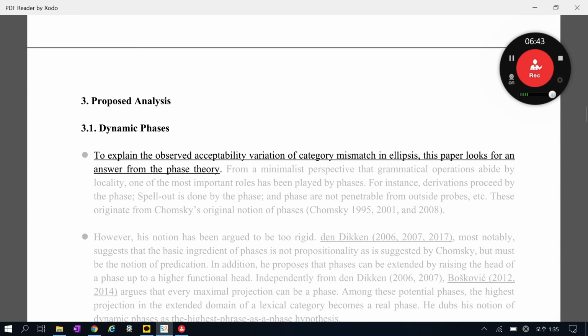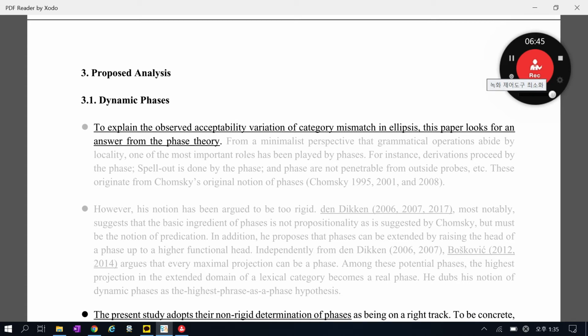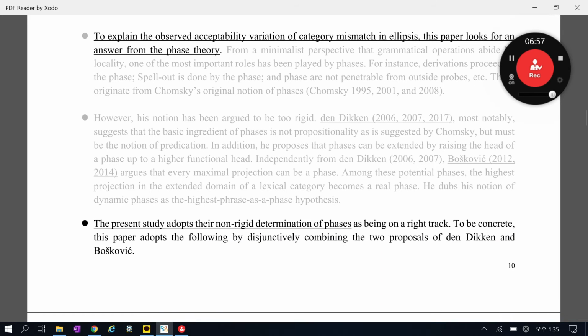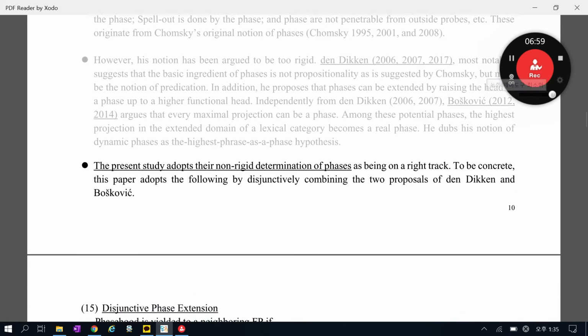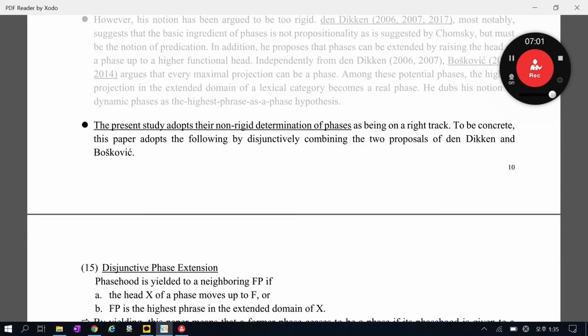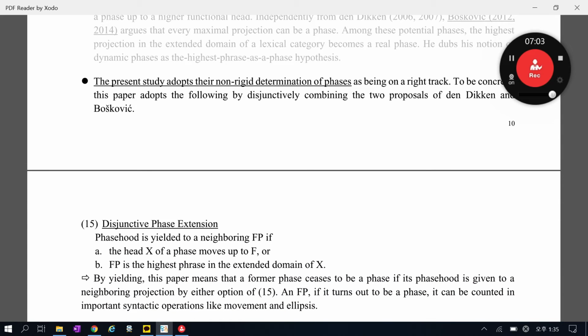Section 3, proposed analysis. To explain the observed acceptability variation of category mismatch in VP ellipsis, this paper looks for an answer from phase theory. Differently from Chomsky's rigid notion of phase theory, the present study adopts Bošković and Den Dikken's non-rigid definition of phases.